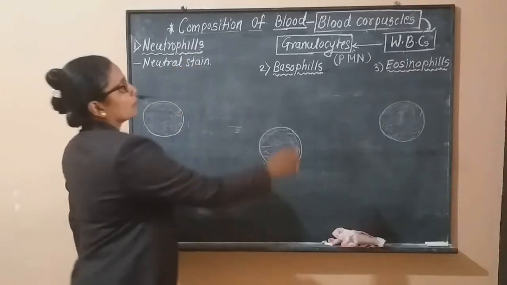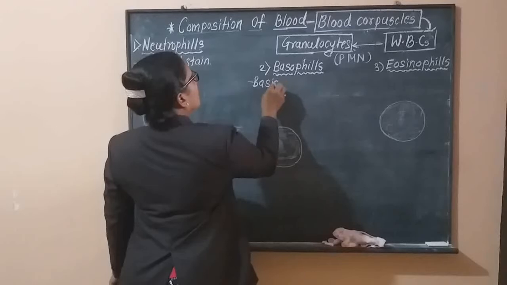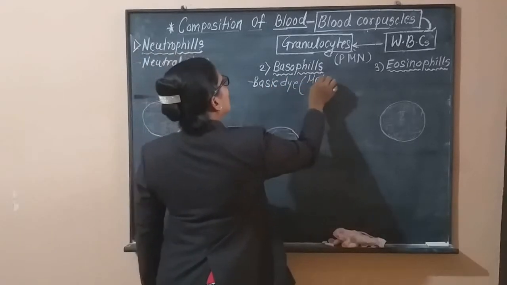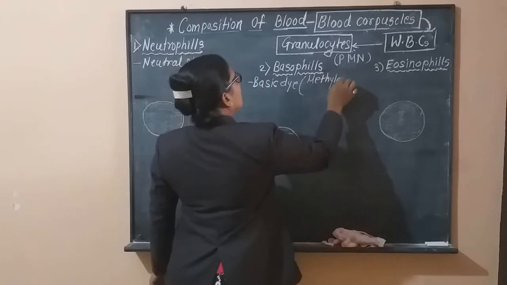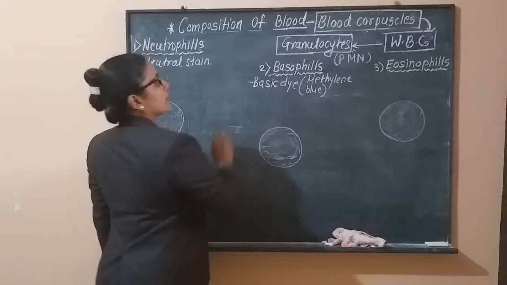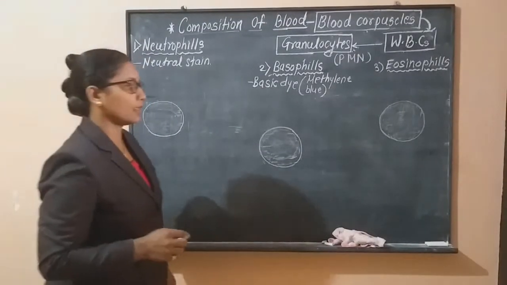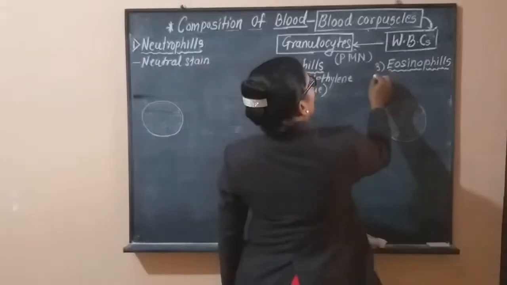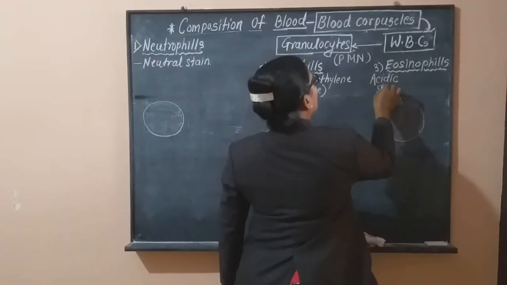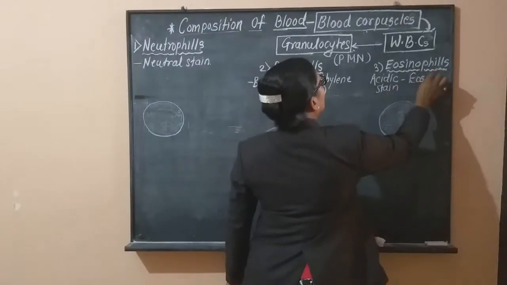Okay. Now those cells which are stained with basic dyes or basic stain, for example methylene blue, are called basophils because they are stained with the basic dyes. And eosinophils are those blood cells which are stained with the acidic stain, for example eosin.